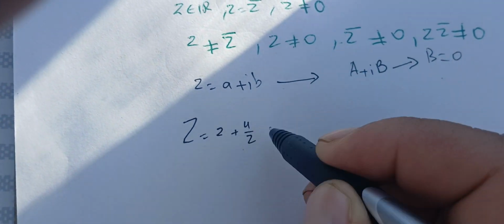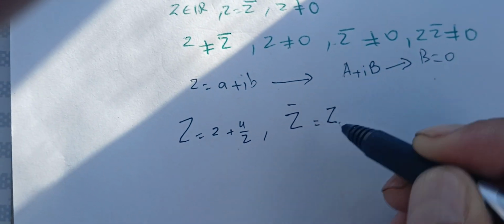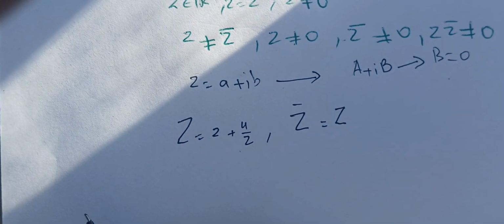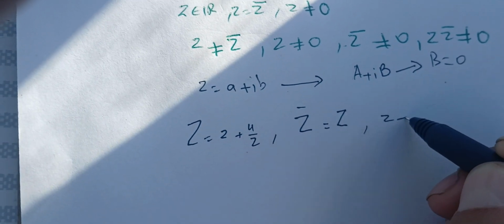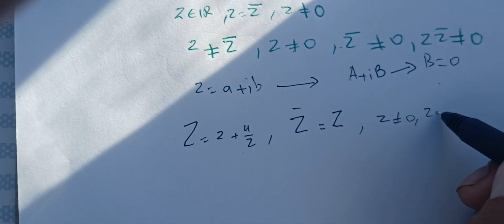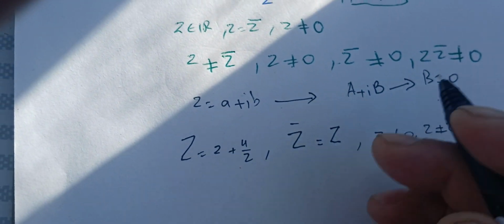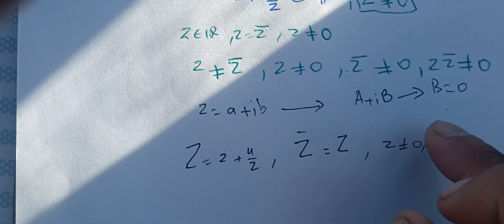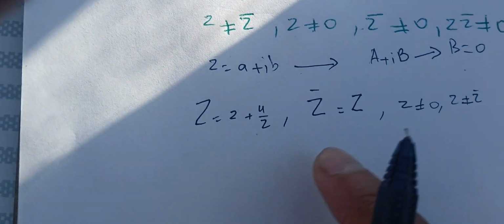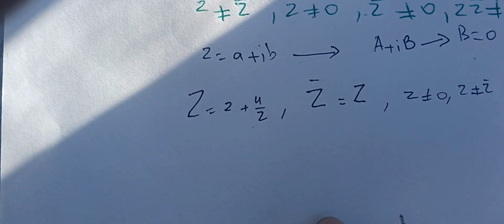So here, this means that Z bar must be equal to Z. With this condition, we have z is different from 0 and z is different from z bar. See the previous part of the video to see why we have these conditions. Once we have that, we can proceed and solve.